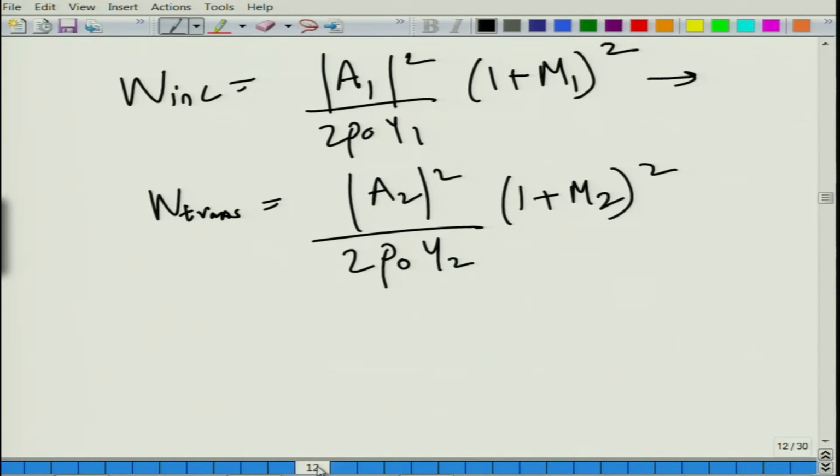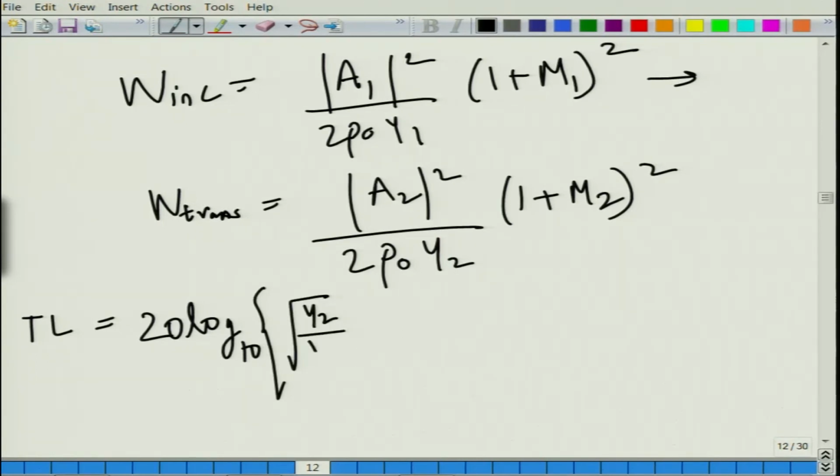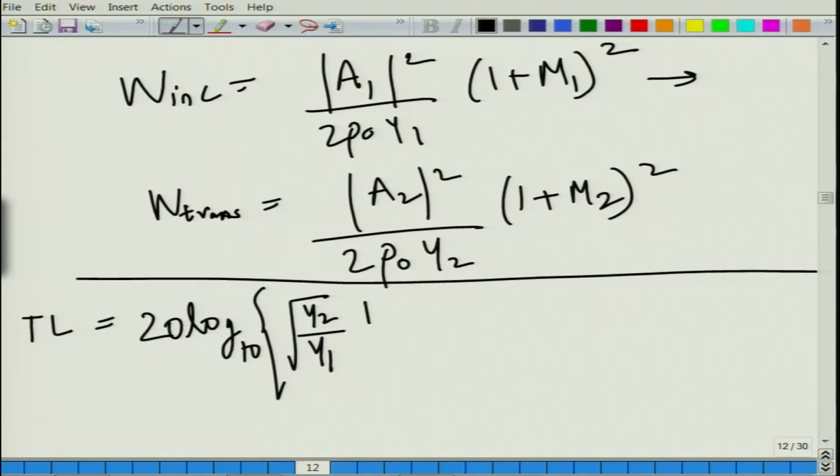So, basically once you do that, we will put these two expressions in the transmission loss, and let us see how the expression for transmission loss here is modified. This is given by, we will put 1 plus M1 and 1 plus M2 times all the big expression that we just mentioned here, this entire thing.